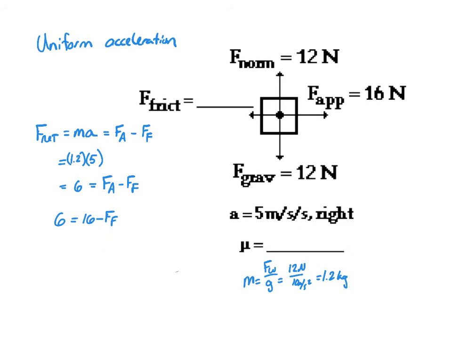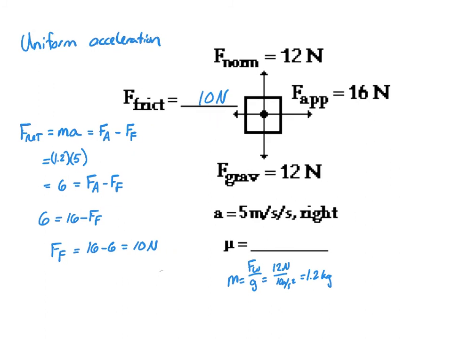Now it becomes kind of straightforward to solve for what that frictional force is. I'm going to subtract the 16 from the 6 newtons, and I'll end up with my frictional force being 10 newtons. Okay, now I know that, I can substitute that in for anything where frictional force comes into play.